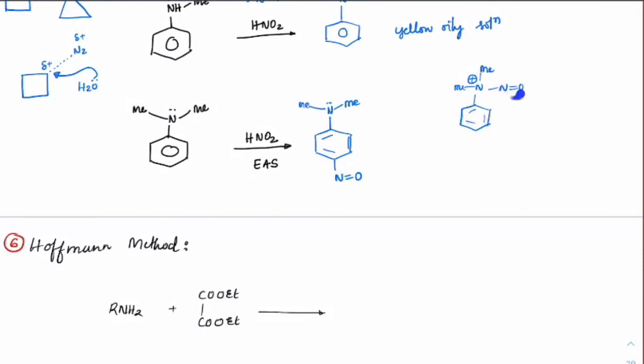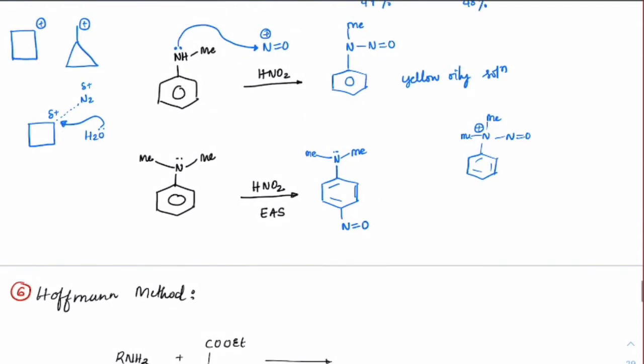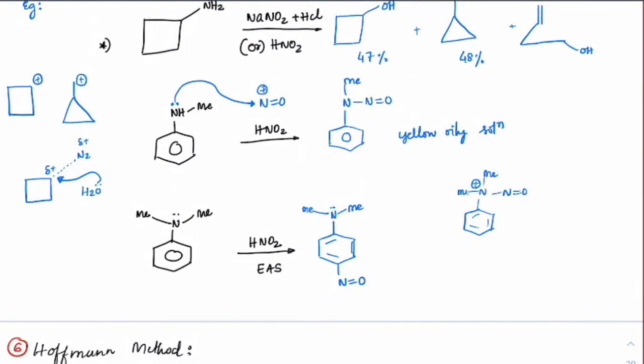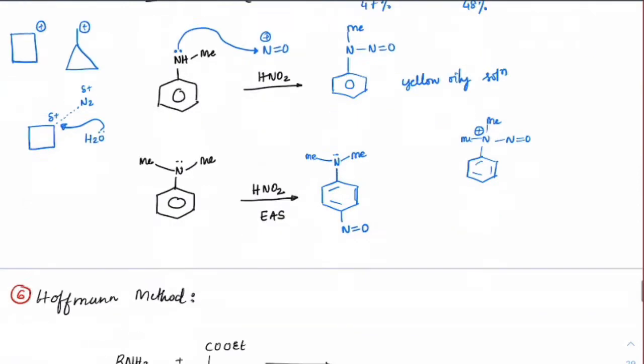So this formation won't be stable here. Correct? So instead of that, it will prefer to go for electrophilic aromatic substitution. So important between these two, what products are to be favored, just check out carefully. Right. So this is about nitrous acid and their reactions, their tests, okay, how it is done.